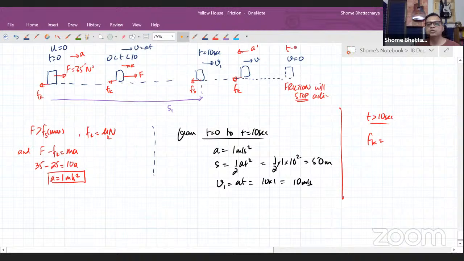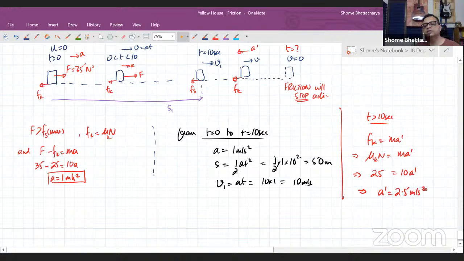So we need to find out how much time that is, and how much displacement that is. For the second part, kinetic friction is equal to mass into deceleration. It's acting in the backward direction. So mu k into normal reaction is mass into deceleration. So 25 newtons is equal to 10 a prime. So the rate of deceleration is equal to 2.5 meters per second square.